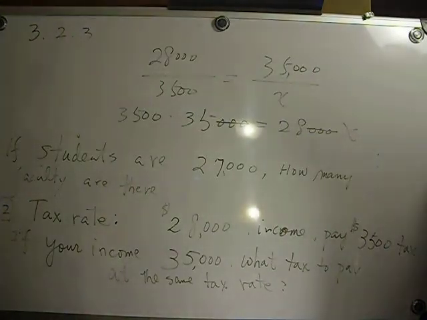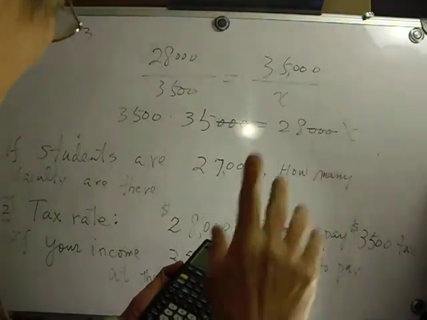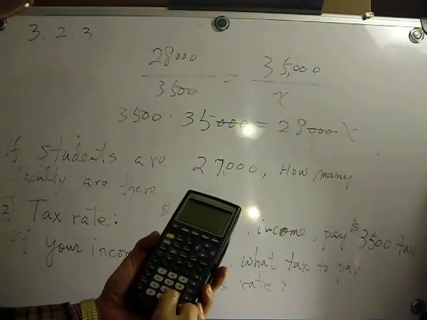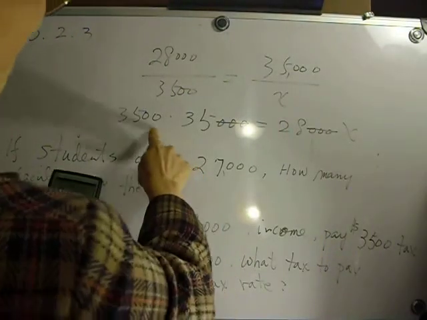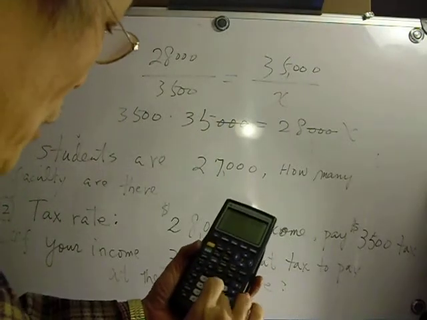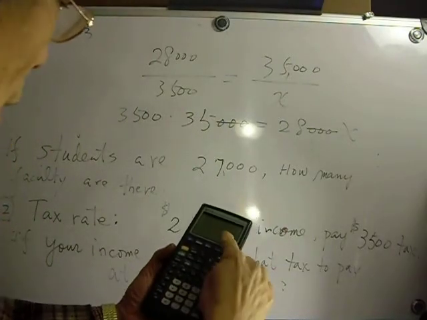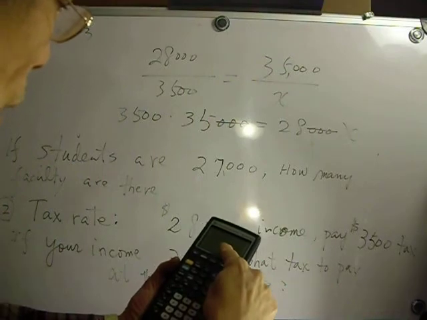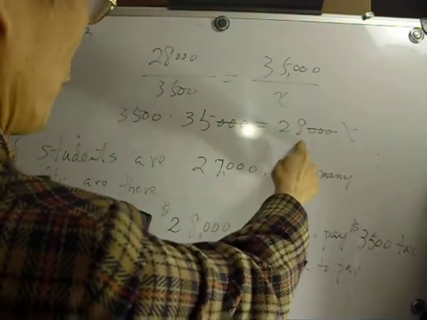Okay, with a good calculator, you have your... That type of calculator actually is good enough for this class. 3,500 times 35. Get the result. That will be 122,500. You divide it by 28.